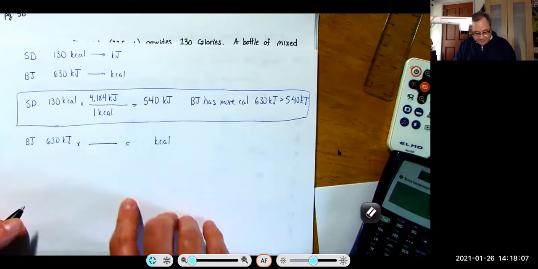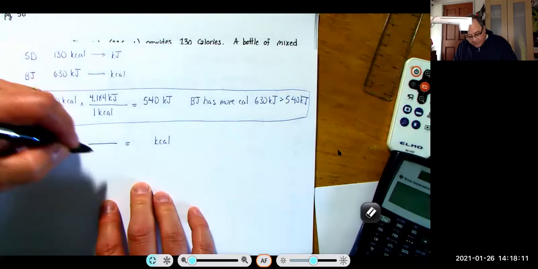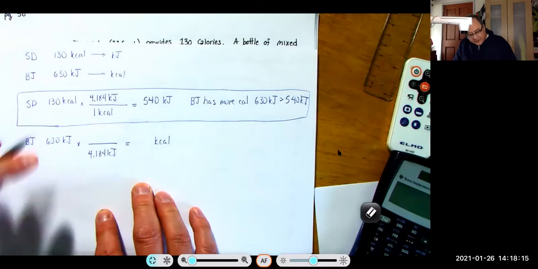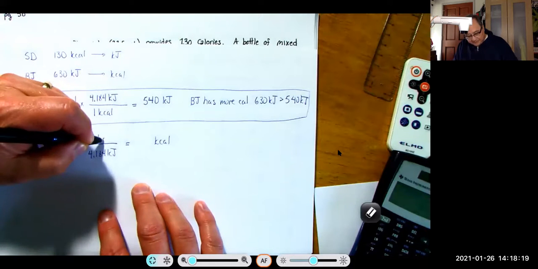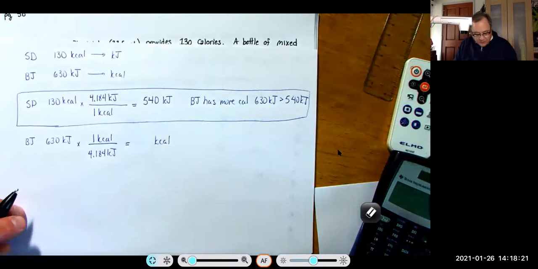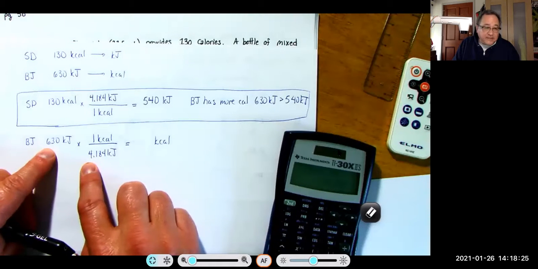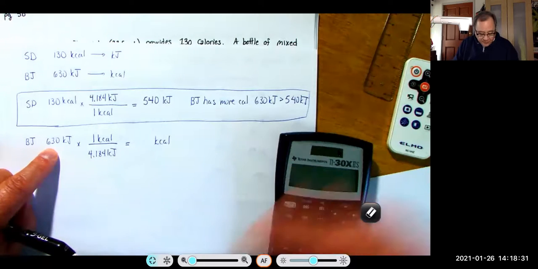Thank you. Okay, so 630 kilojoules, I'm going to multiply by 4.184 kilojoules on the bottom so that the kilojoules cancel, and 1 kcal on top. And here we can figure that 4 goes into 600 about 150 times. So this answer should be about 150, but a little bit more because of the 30.